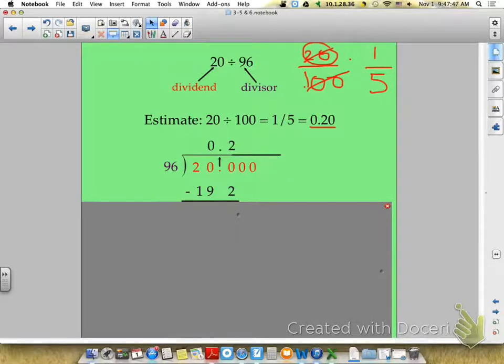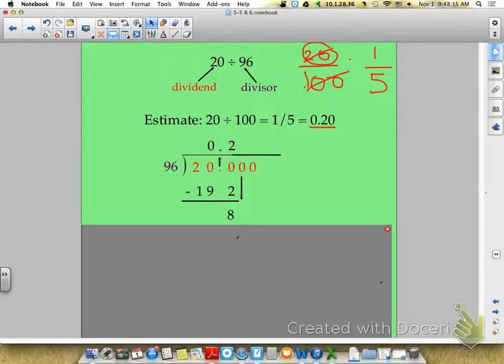I get, Lucy, what do I get when I subtract 192 from 200? 8. Good. All right. So I'm going to do the 8 here. Now I need to bring down the next 0. And let's see what happens. Isn't it 18? Oh, 192. Yeah. 192. Okay.